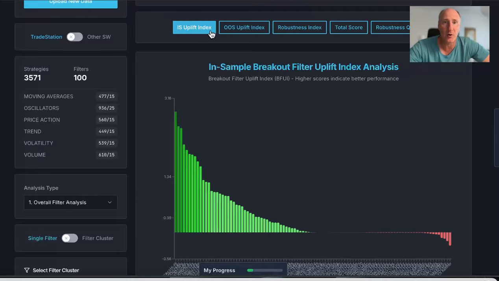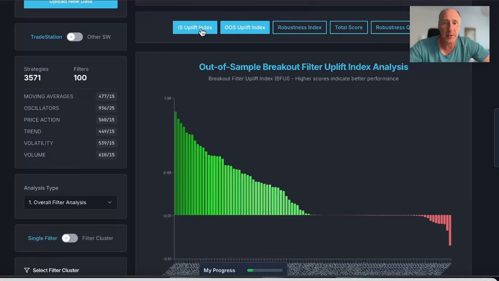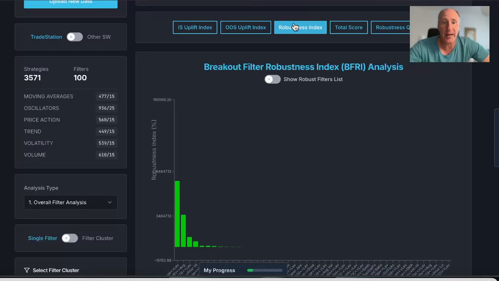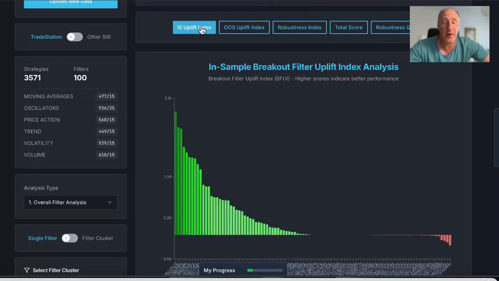So we can really compare which one performs well in sample, but also out of sample data, which we can confirm with the robustness index. The robustness index basically compares in sample and out of sample, the best among in sample and out of sample, and gives us the answer. So there are a lot of different very professional measurements in BreakoutOS.